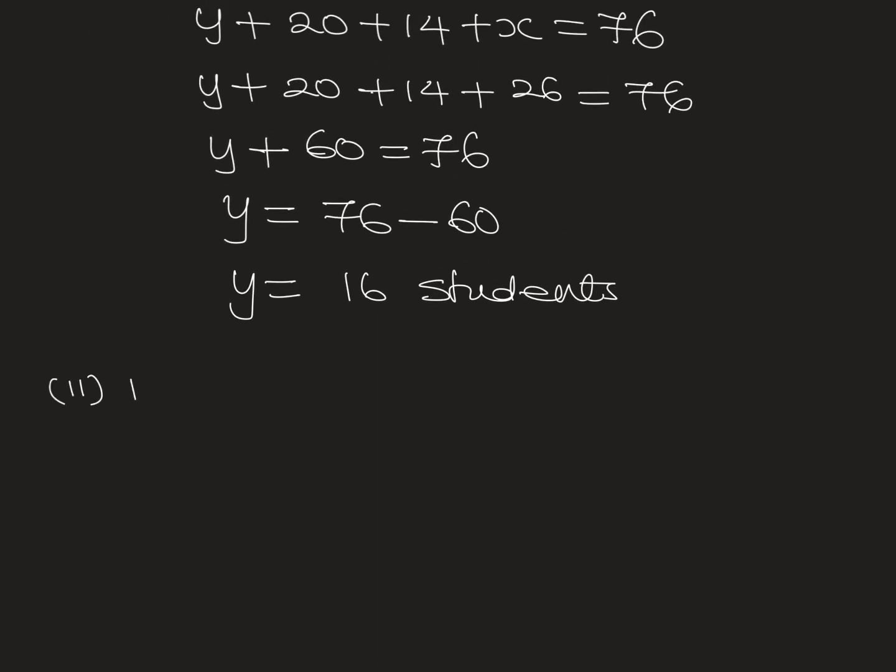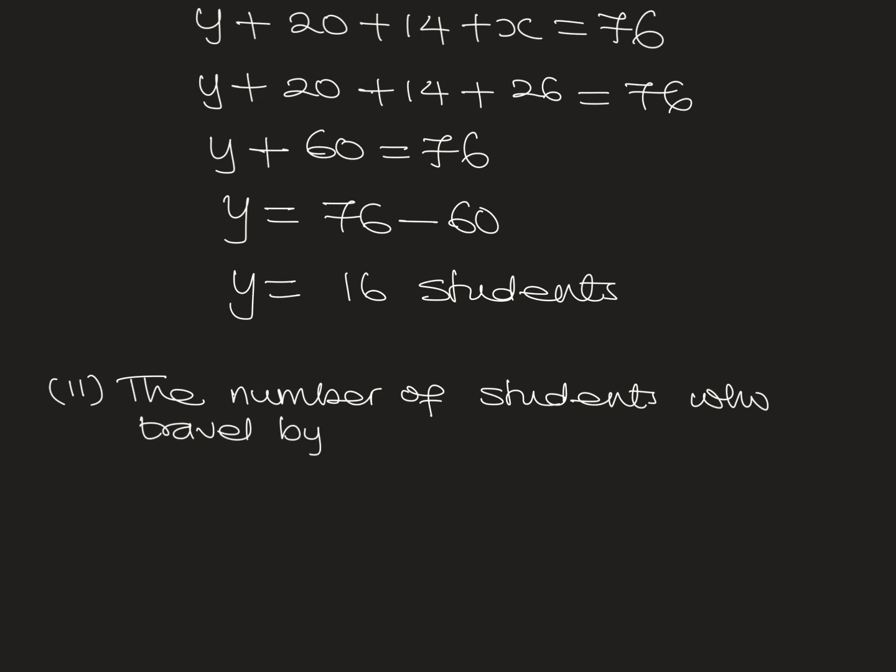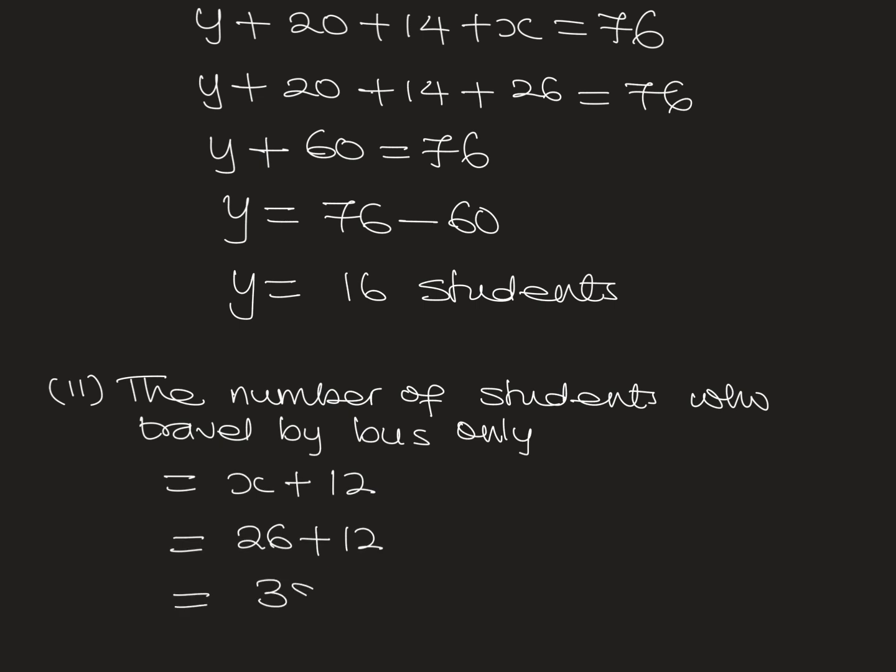Question 2, the number of students who travel by bus only, we've said is equal to x plus 12, and x is what? 26. So that is 26 plus 12, and we've calculated that as 38 students.